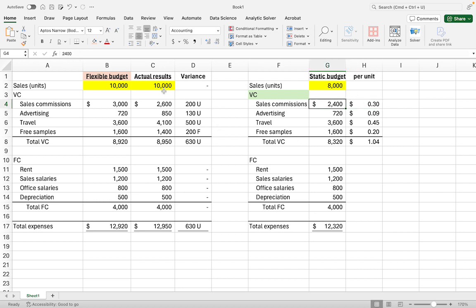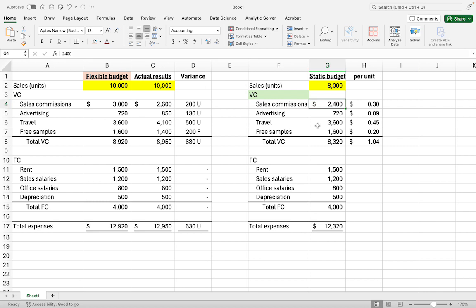But when we got to the end of the month and got the good news that we actually sold 10,000 units, that means our 8,000 unit total for sales commissions was wrong, because we know we pay 30 cents a unit. There's no way we pay 30 cents a unit, sell 10,000 units, and expect sales commissions to be $2,400.